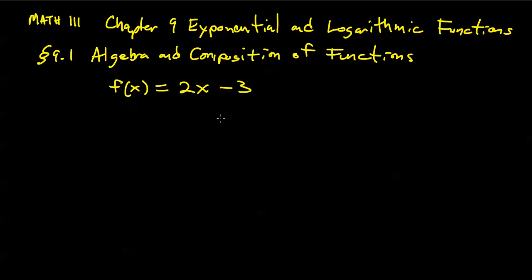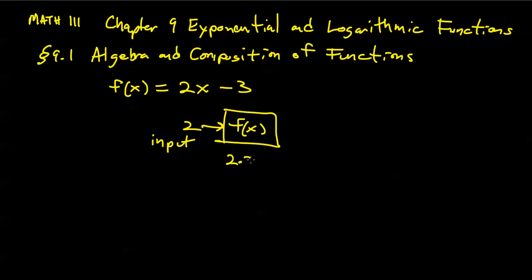There's a machine analogy that's often invoked. For example, if I want to plug 2 into the f of x machine, 2 is the input. To that number I will multiply it times 2 and then subtract 3, and of course 2 times 2 is 4. 4 minus 3 is 1.